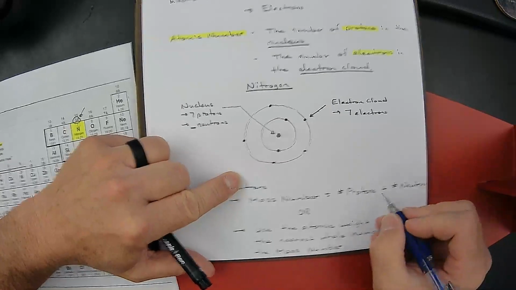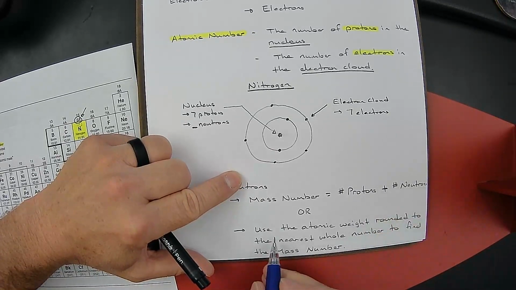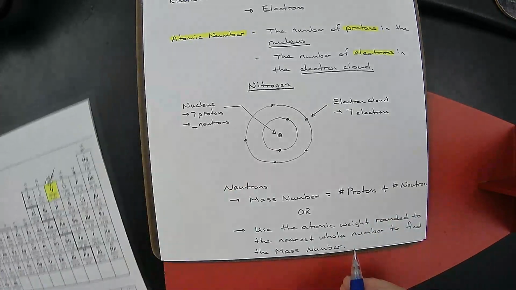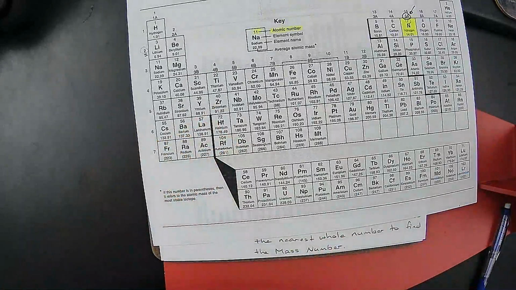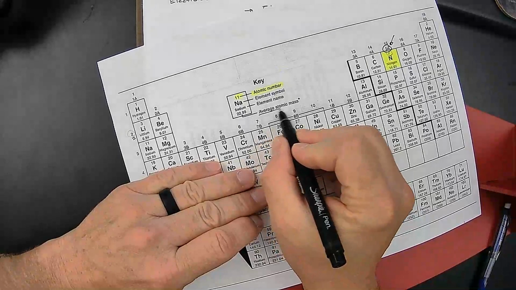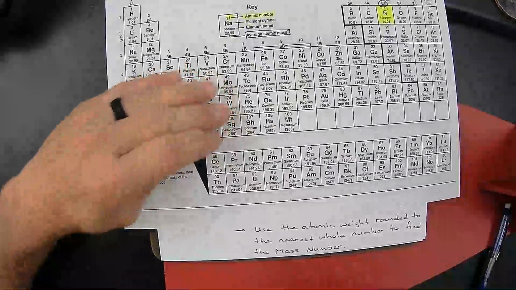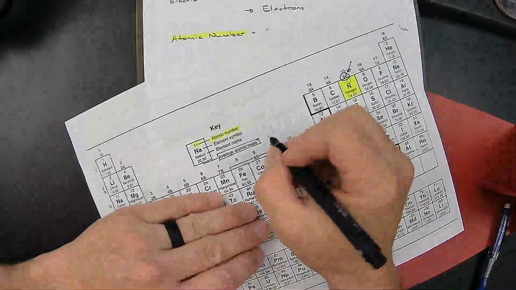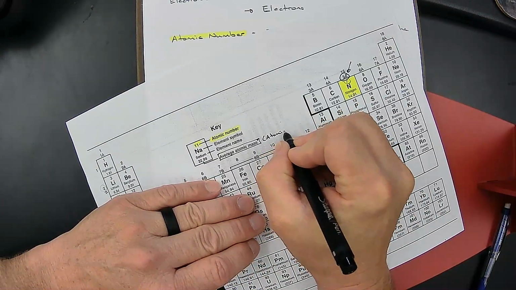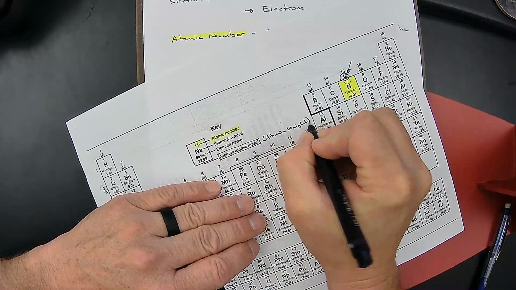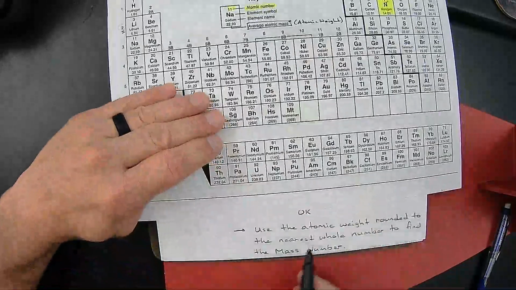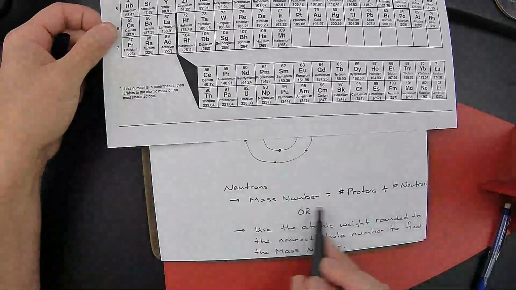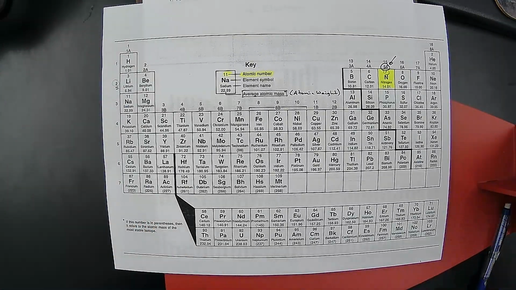When we don't have enough information to use this equation, we're going to use the atomic weight rounded to the nearest whole number. Notice, this is going to be our atomic weight. They use the word atomic mass or atomic weight interchangeably. So we can take that number, round it to the nearest whole number, and that will be the mass number, which will allow us to find the neutrons once we know those two pieces of information.